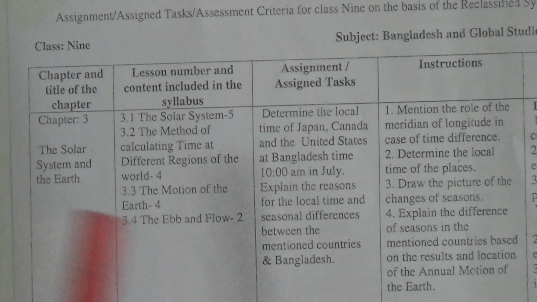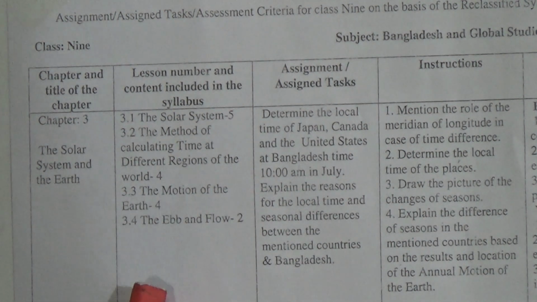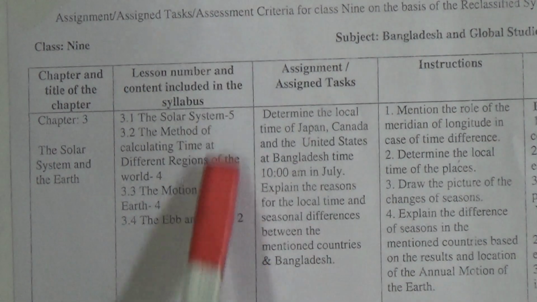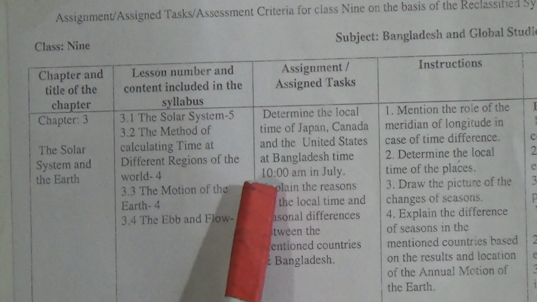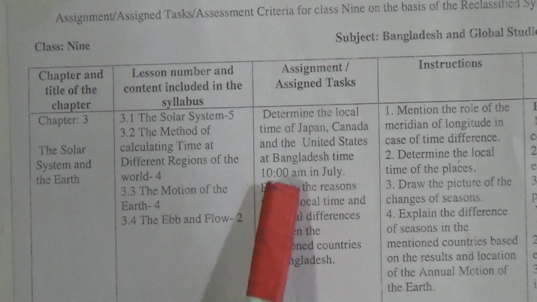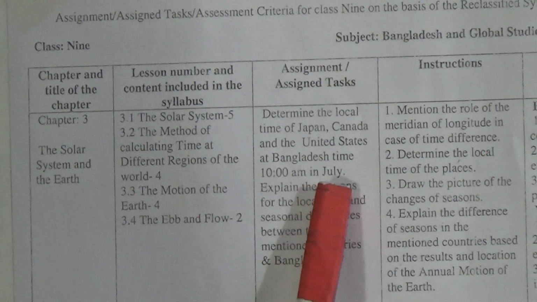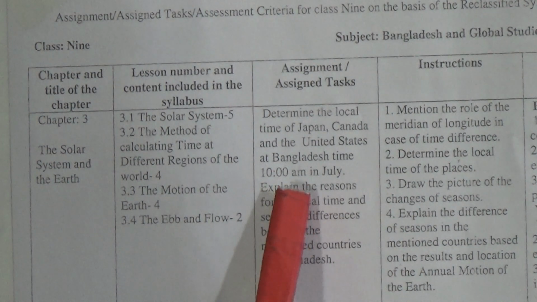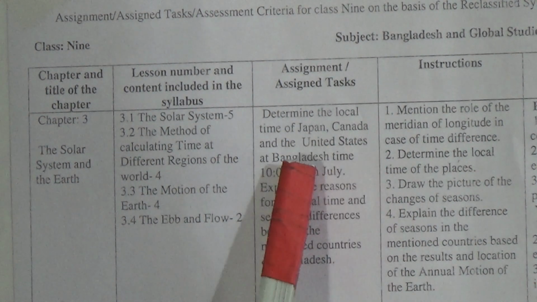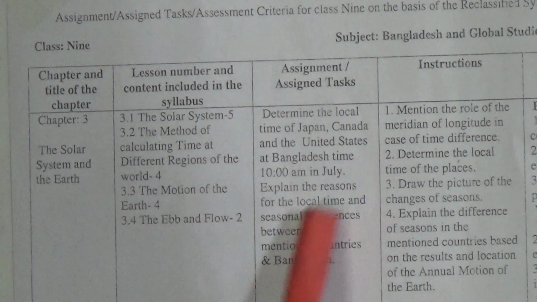From that chapter, we have four units, that means 4 lessons, and from them the task of the assignment is to determine the local time of Japan, Canada and the United States at Bangladesh time 10 am in July. That means in July, at Bangladesh time 10 am, what is the time of Japan, Canada and the United States? We have to find out what the time is.